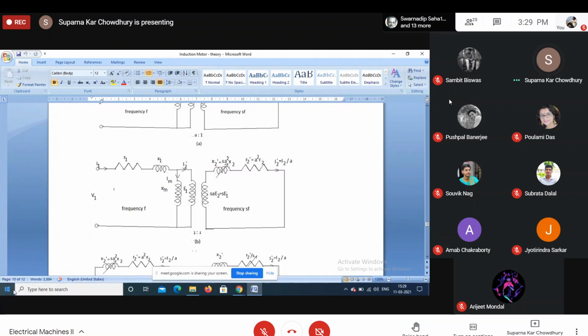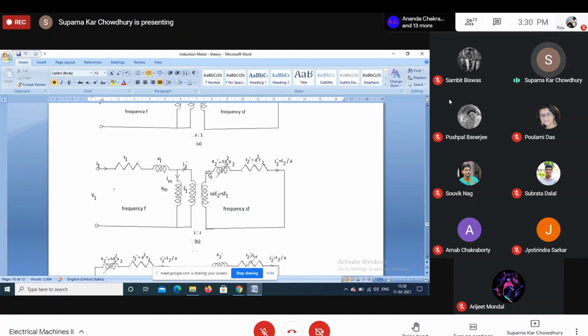Here we multiply the impedances by A square, both resistance and inductance, and the EMF by A, and divide the current by A.